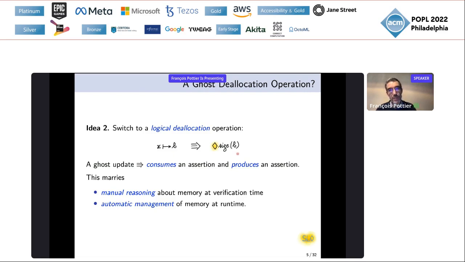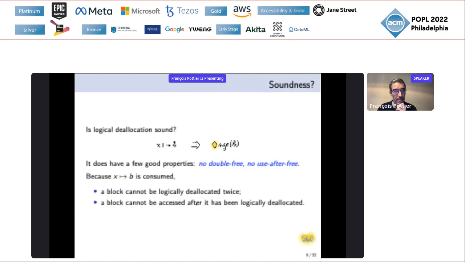So it's essentially the same as free in the previous slide, except we still have GC at runtime, we still have automatic management of memory, but when we verify the code, we manually indicate where we want to apply this logical deallocation operation. So we have manual reasoning about memory. So this is the approach we are looking at.